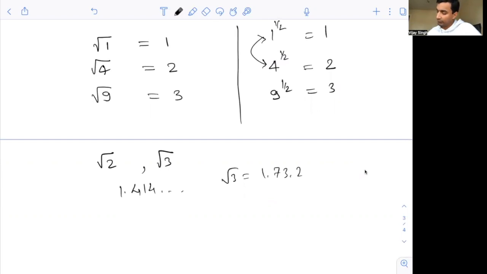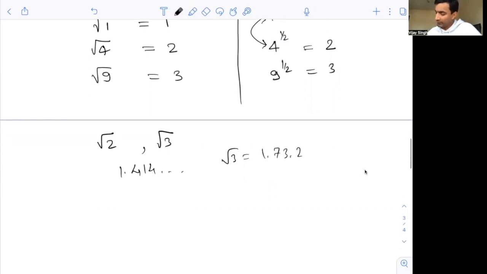So if you, for example, take the number 2 by 3, 2 by 3 is 0.666666. Always you will get the number 6 forever. If you take the number 1 over 2, this is equal to 0.50000, and so on.